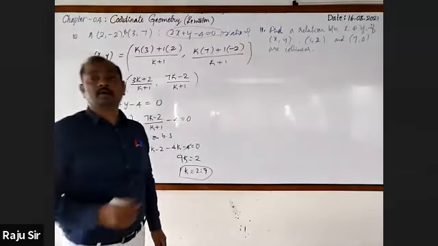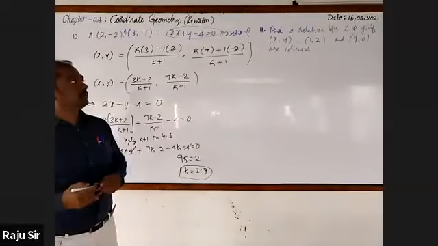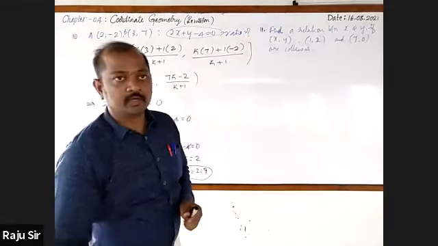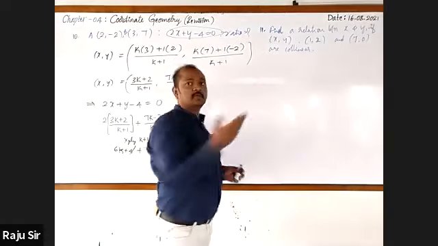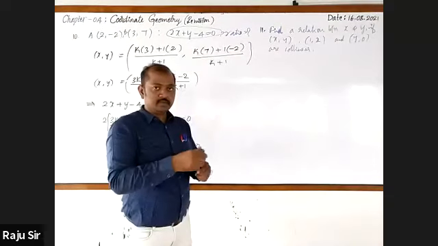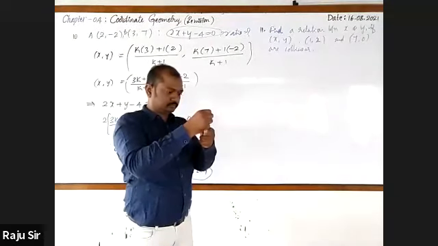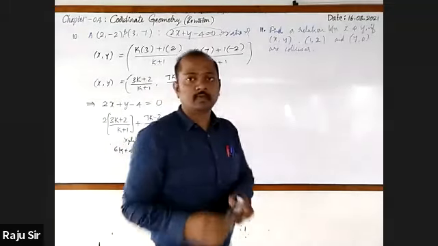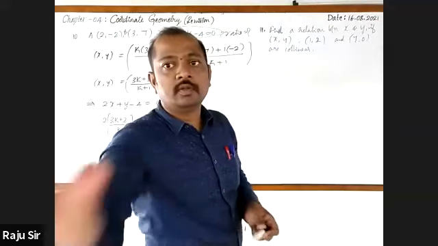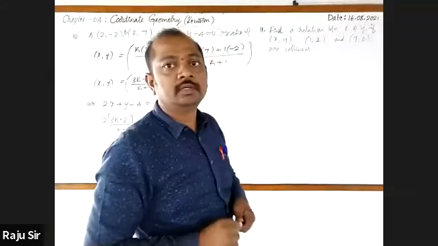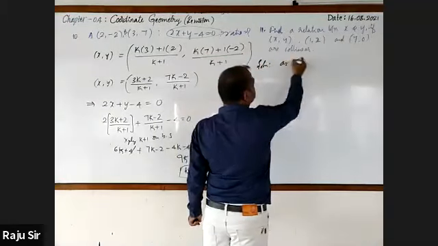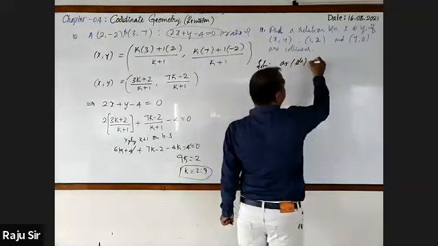How do you come to know the relationship between x and y? Very good. Points are collinear is given. If the points are collinear, area of triangle is 0. We know that points are collinear, therefore area of triangle is 0.